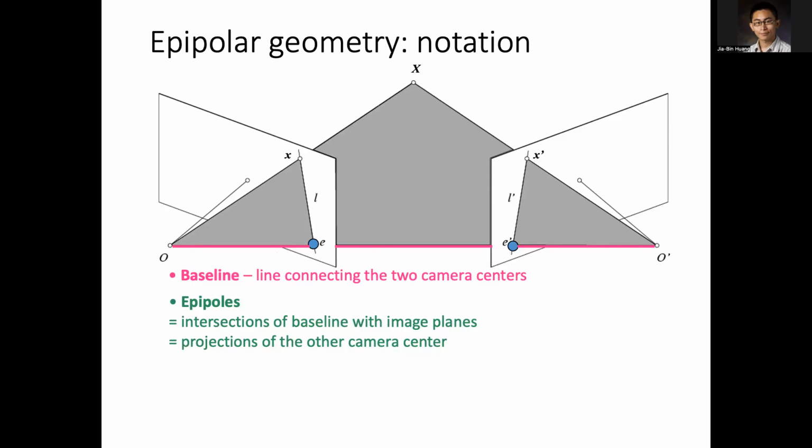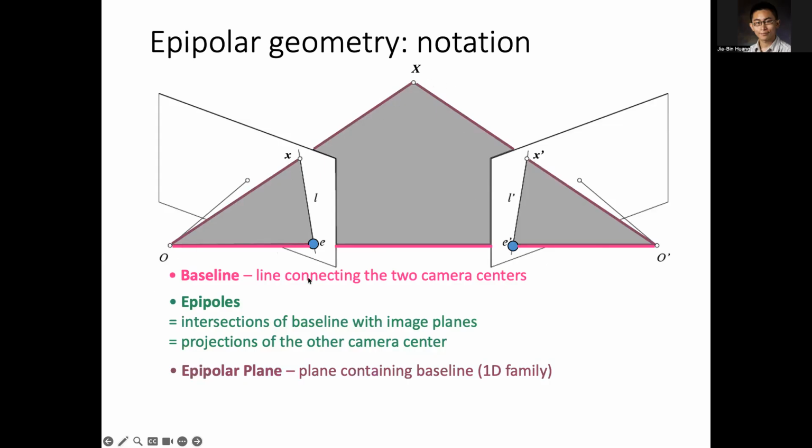And you can say, okay, if I have a 3D point X, and I have this plane, this triangle, it's called the epipolar plane.